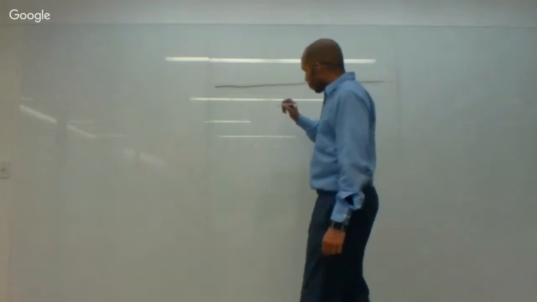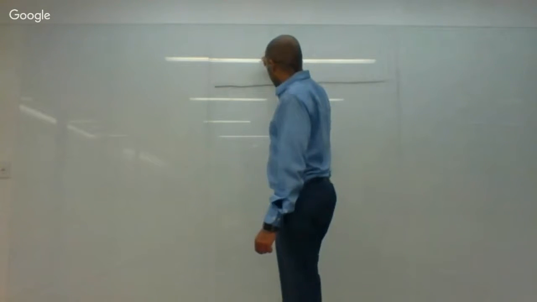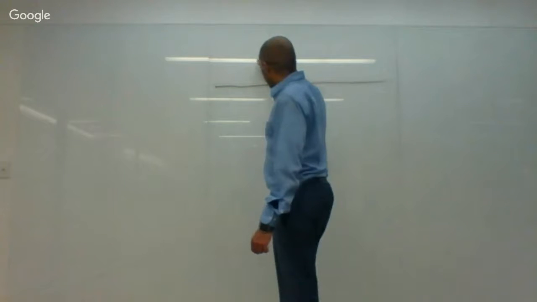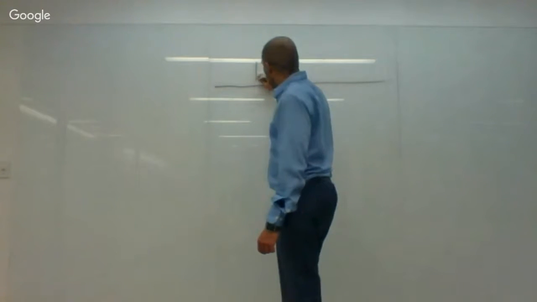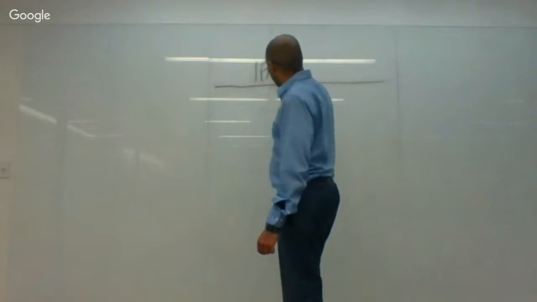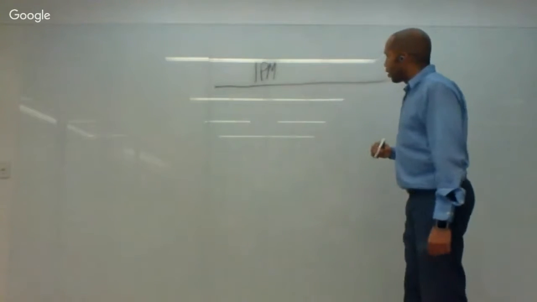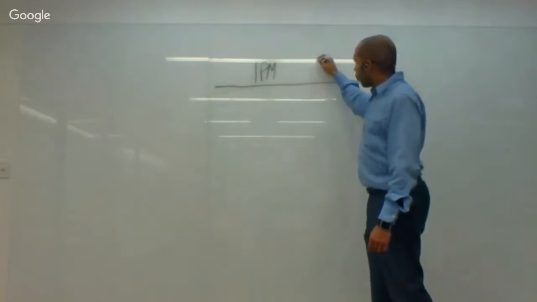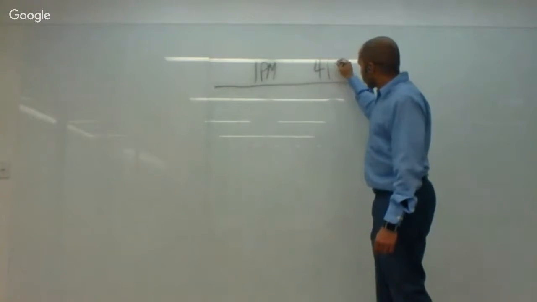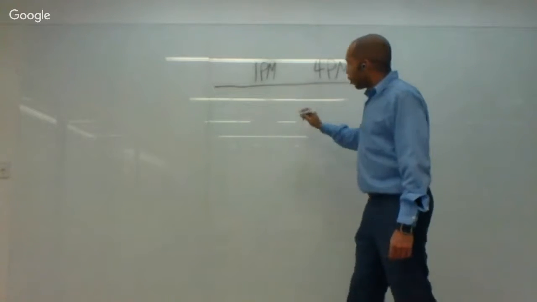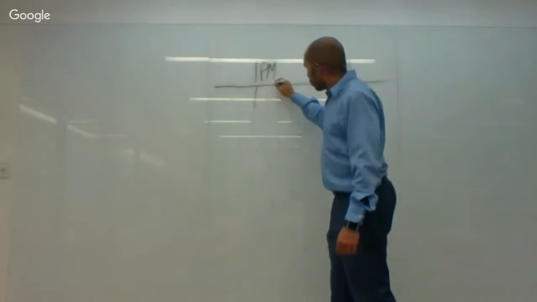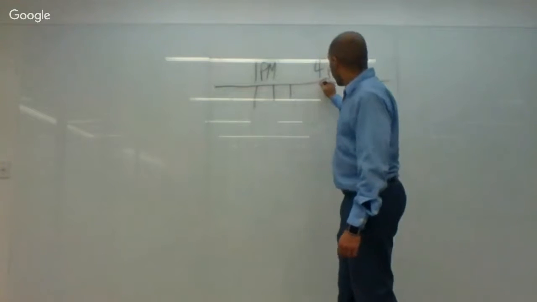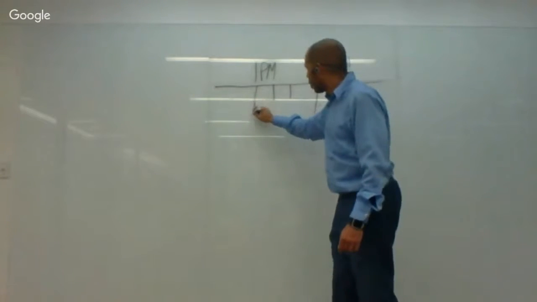So basically, we have a current time of, let's say, 1 p.m. And we want to know how much time is between 1 p.m. and 4 p.m. All right, so here we have 1 p.m., 2 p.m., 3 p.m., and then 4 p.m. What's the time difference?